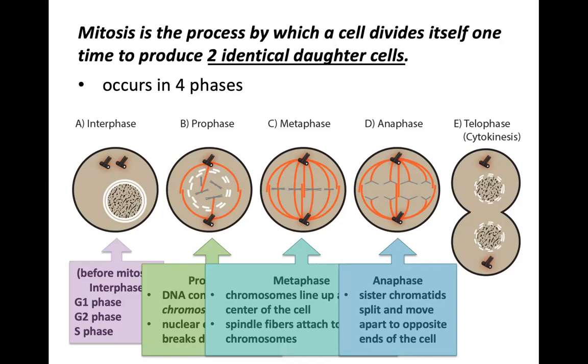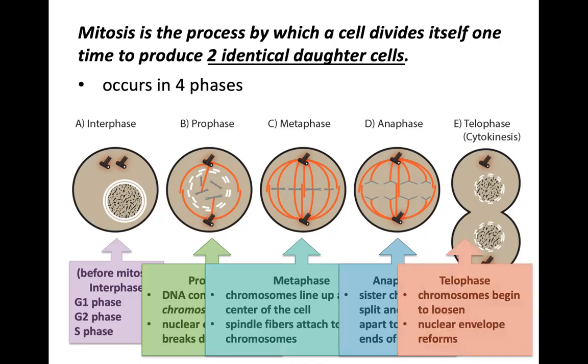And then the last phase is telophase. Okay? So this is when chromosomes begin to loosen, and the nuclear envelope starts to reform. So what does this kind of look like? What other phase? Look on the board. Interphase, okay?